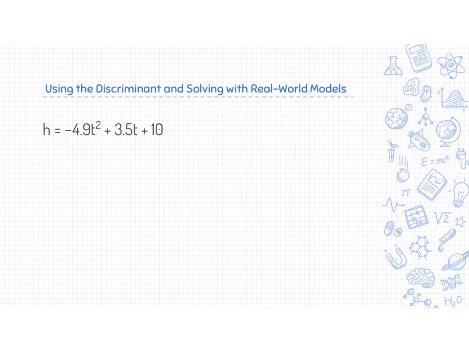Since we have two real solutions, we're going to substitute our 1 in for h, and then set it equal to 0 in order to solve. As we already did, we get 0 equals negative 4.9 t squared plus 3.5 t plus 9. From there, we're going to substitute that into our quadratic formula.